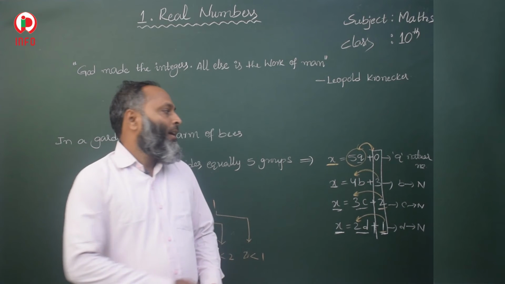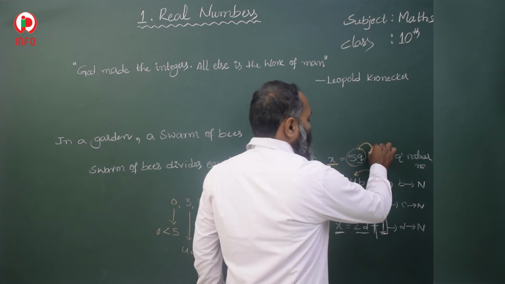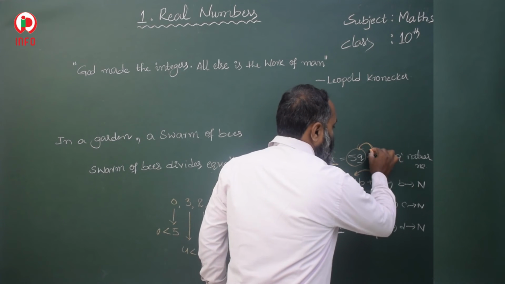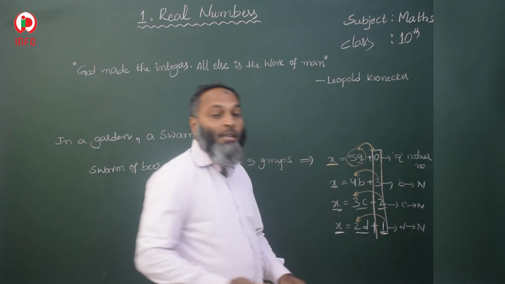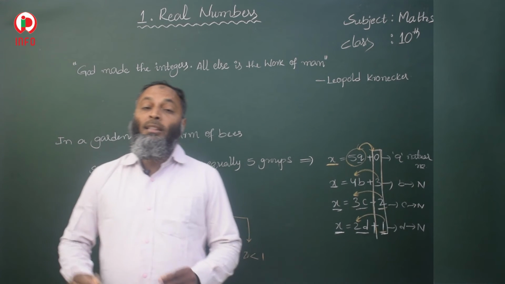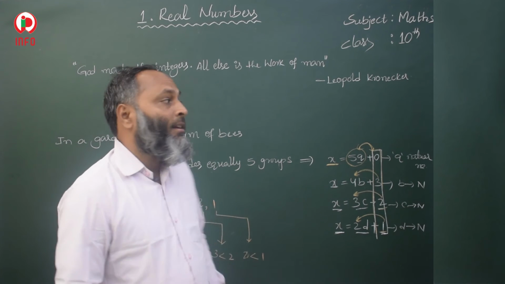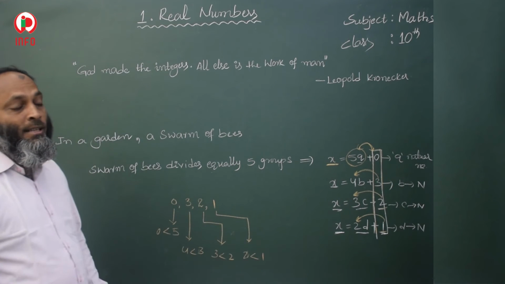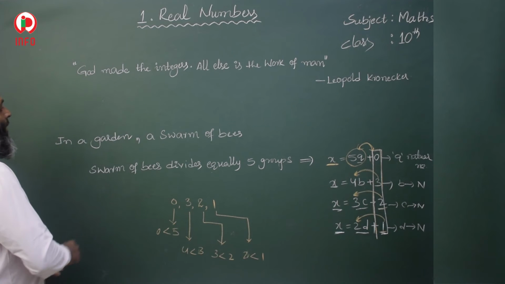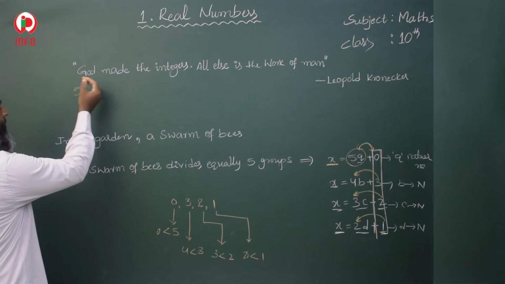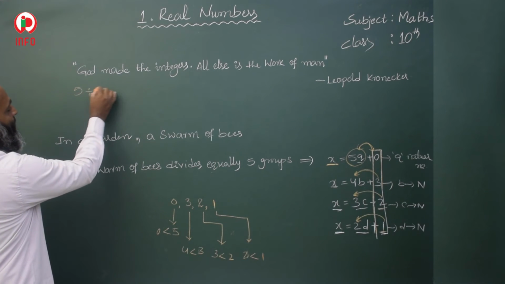It means all these are remainders. It means the remainder is always less than the divisor. So how is it less than the divisor? Suppose 5 is divided by 2.